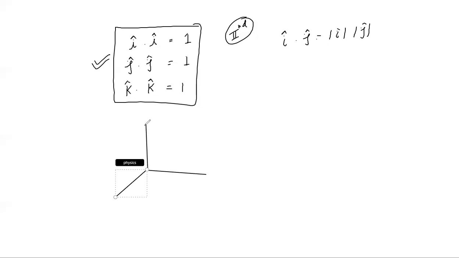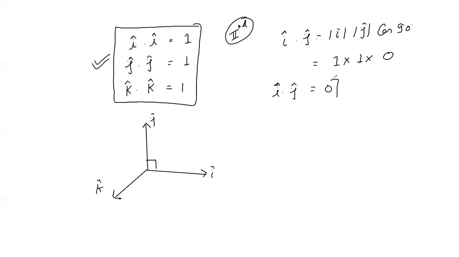That is 90 degree. Okay. So j cap is this, i cap is this, and k cap is this. So i mod j into cos 90. Mod i equal to 1, mod j equal to 1, and cos 90 equal to 0. So what we get? i dot j equal to 0.